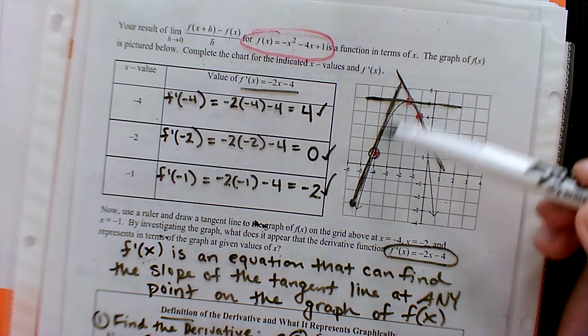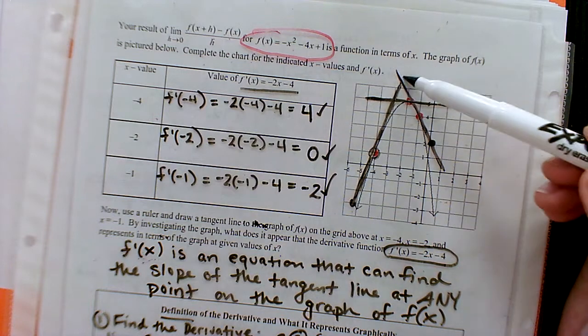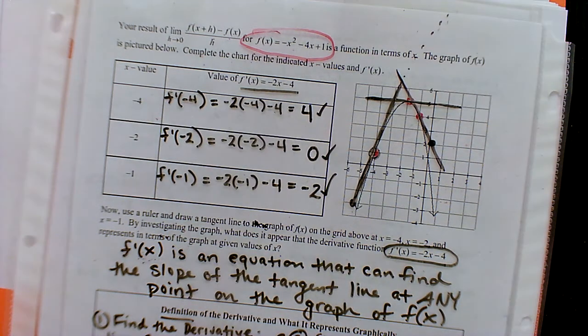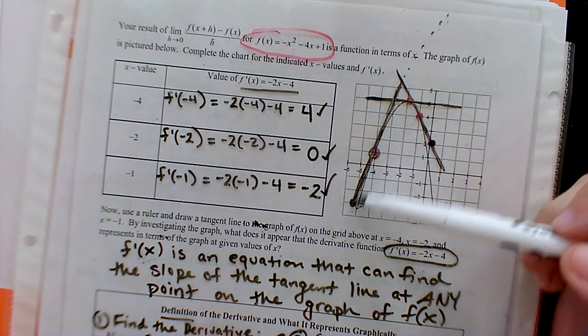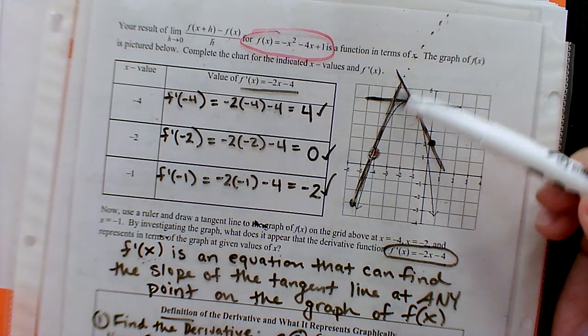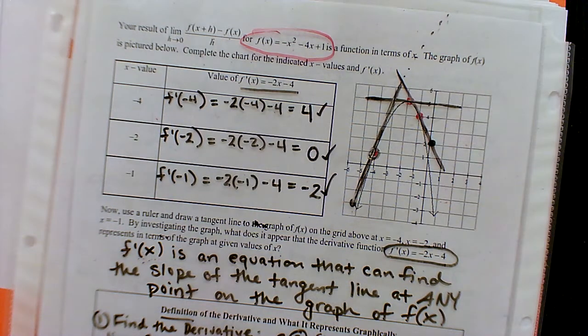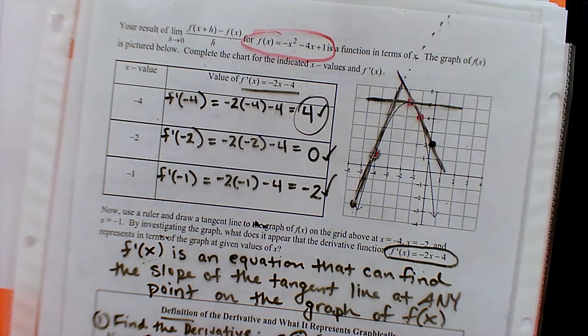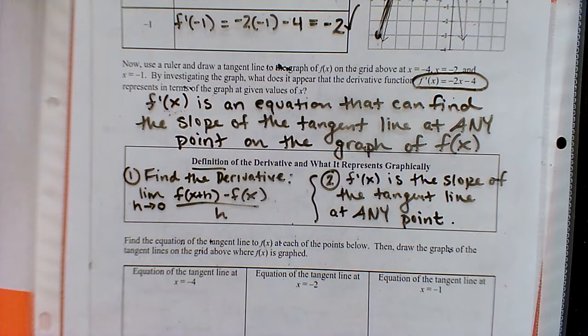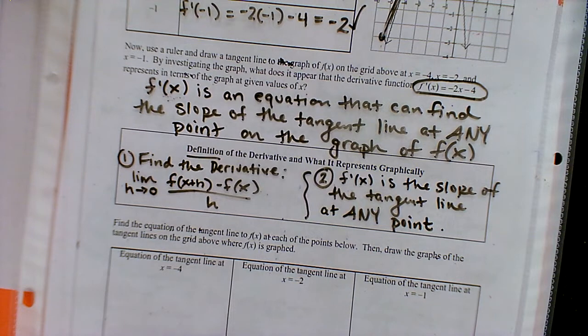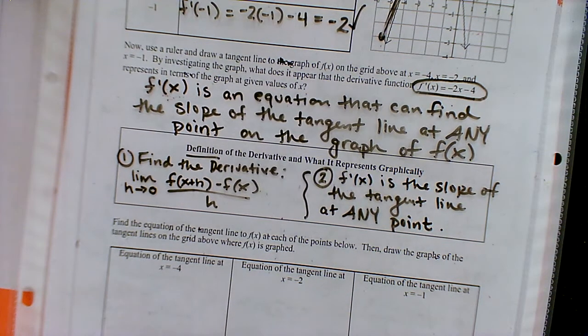Do you know the y-intercept of that line? It's not really on our graph, right? But what else do we know about this line? Not only do we know a point on the line, we already know the slope. We already know the slope was 4. So if you know a point and if you know a slope, we're going to use point-slope form.